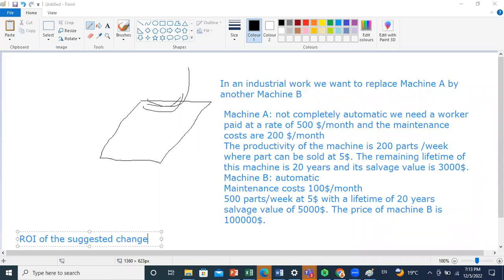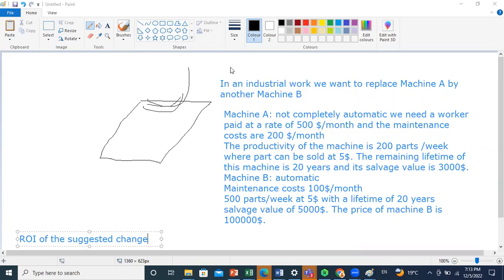To start with, what should we do for the ROI? What is the equation? How do you find the ROI, the rate of return on investment? Net present value equal to 0 at the end of the year. Exactly.